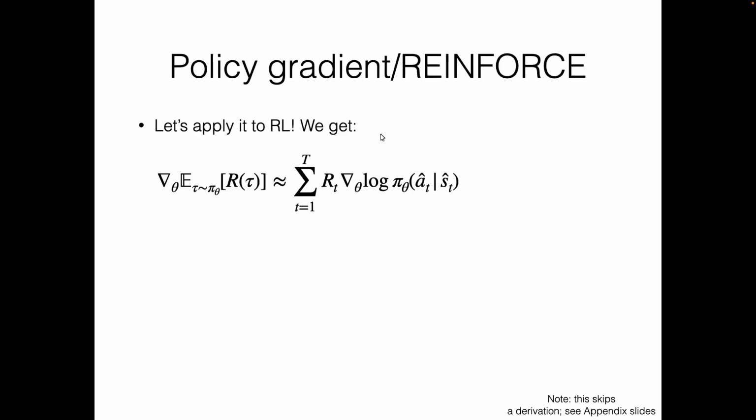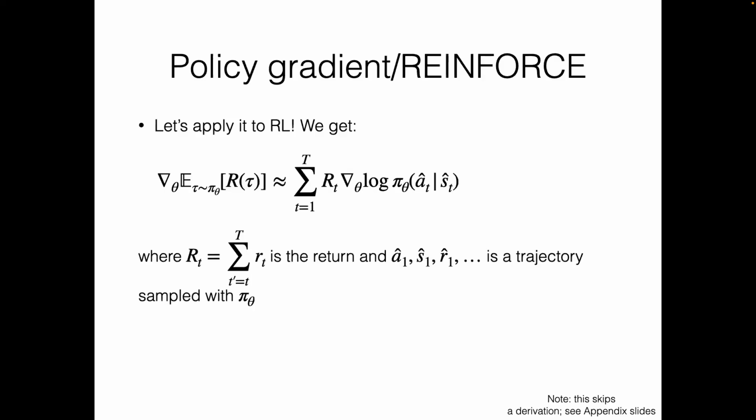But basically, the important thing is we get this gradient estimate, which looks like this. Again, this capital R_t is the return, so at each step it's the future rewards. And this little hat is saying that we've sampled some trajectory with the policy by interacting with the environment.